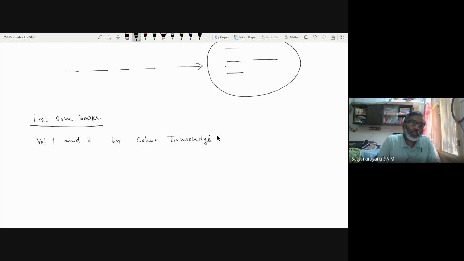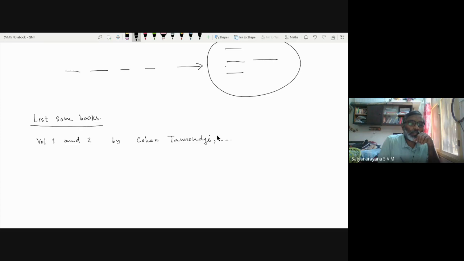Okay, so very detailed and very good resource for learning quantum mechanics. Cohen-Tannoudji, and there is one more author, I don't remember. Cohen-Tannoudji is a Nobel laureate who got the Nobel Prize for his discovery of laser cooling.